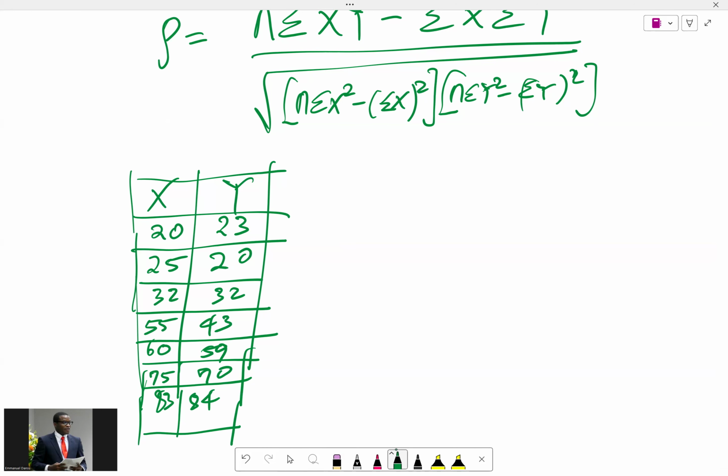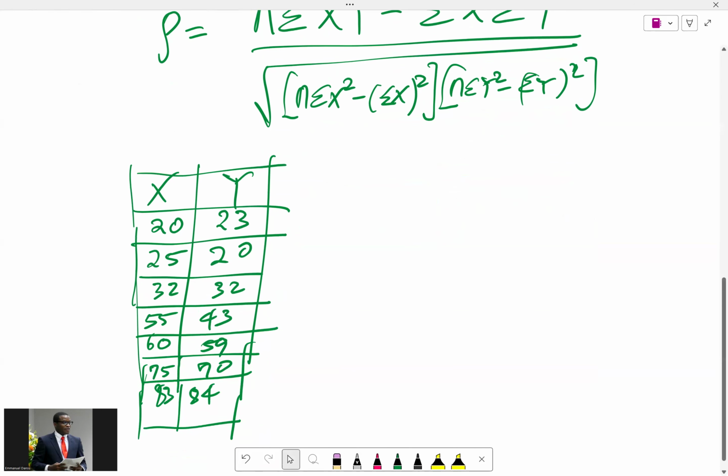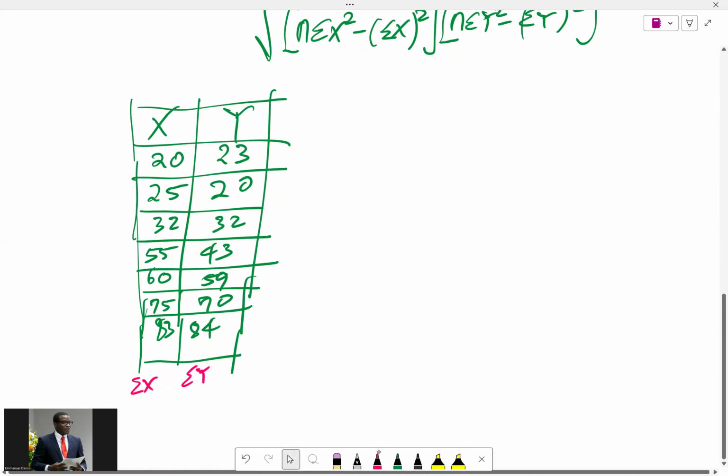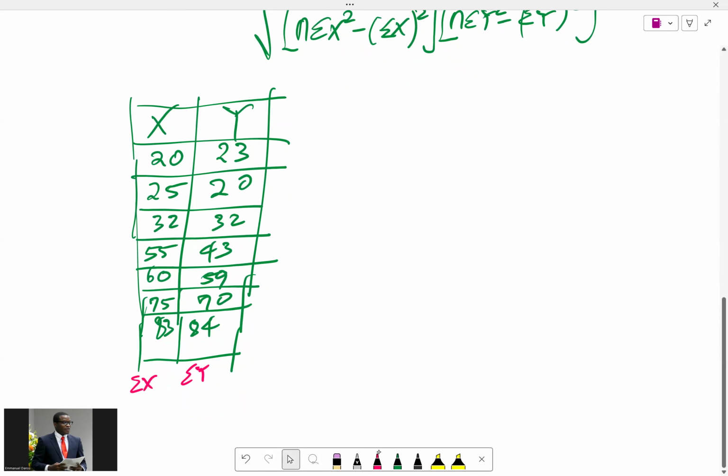So with that now, of course, we need summation x and summation y. We can easily get summation x here, and you can get summation y. Let's start with those. Don't forget you need a very good calculator that you are used to, so you don't have to collect someone's calculator and get thrown off balance in the exam.